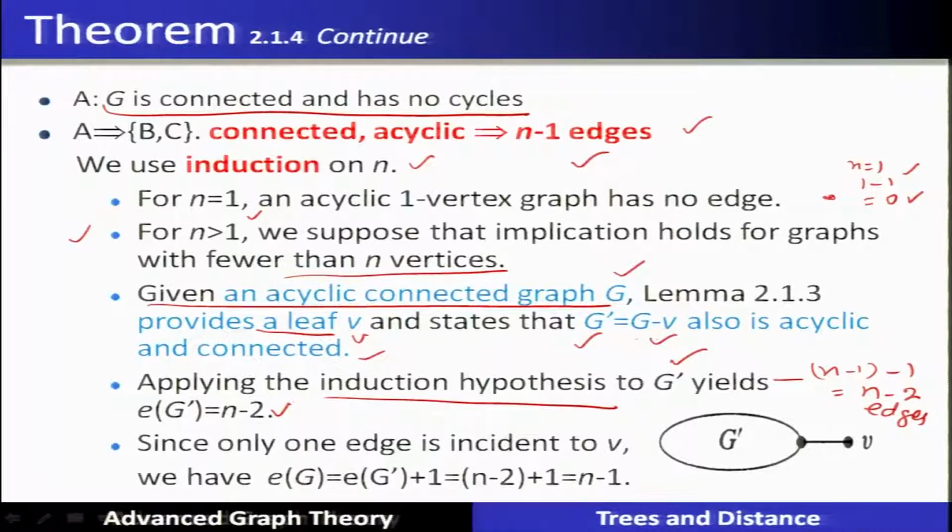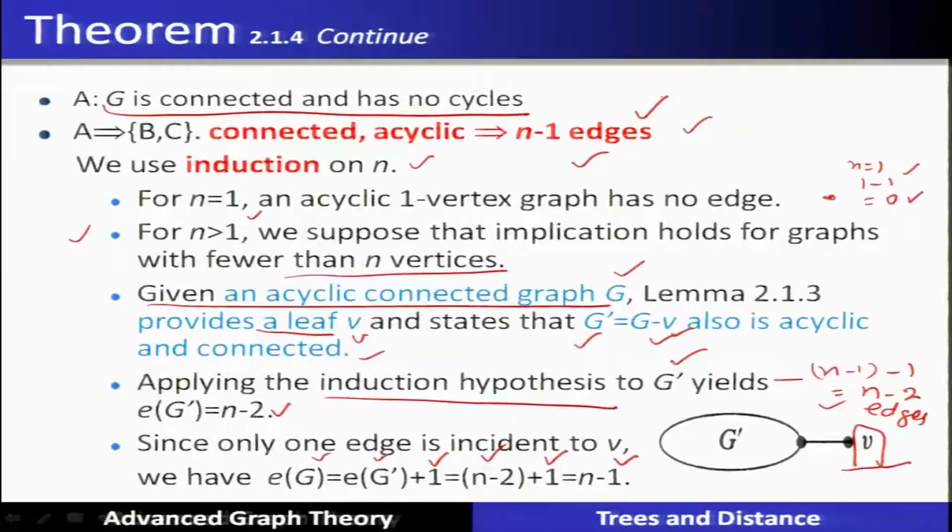Now, since V is a vertex which was there in the original graph, let us count how many edges are in the original graph, knowing that G prime has n minus 2 edges and the degree of this leaf, or pendant, is 1. So the total number of edges in the original graph comes out to be n minus 1. Hence, this part of the theorem is proved by induction.